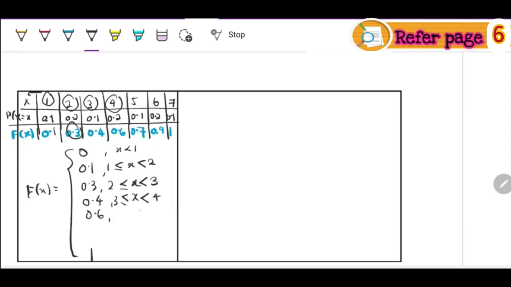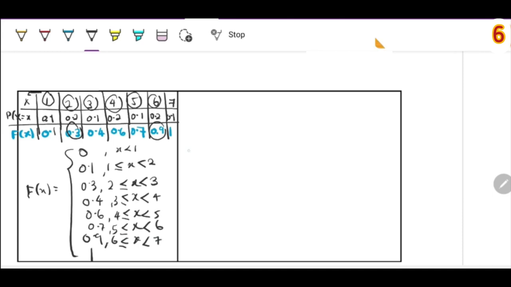F(4) is 0.6, so x is greater than or equal to 4 but less than 5. F(5) is 0.7, x is greater than or equal to 5 but less than 6. F(6) is 0.9 and x is greater than or equal to 6 but less than 7. And finally, 1 when x is greater than or equal to 7.